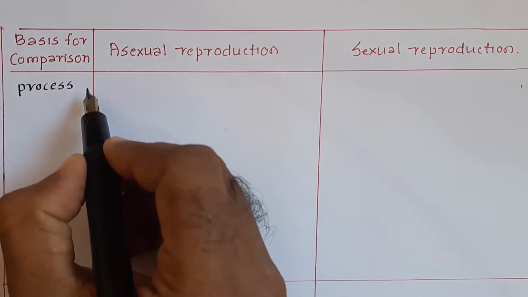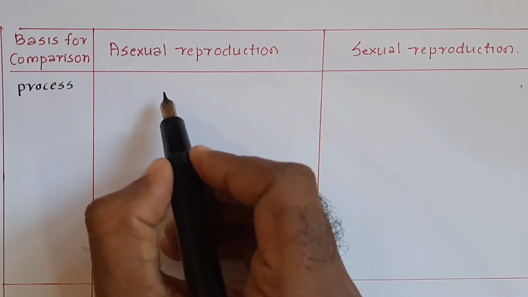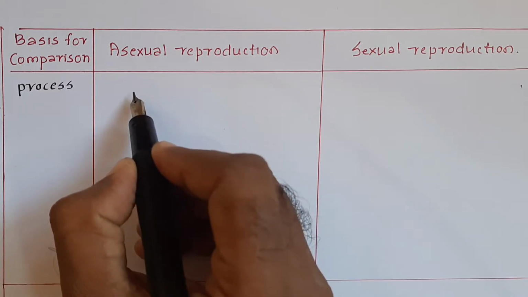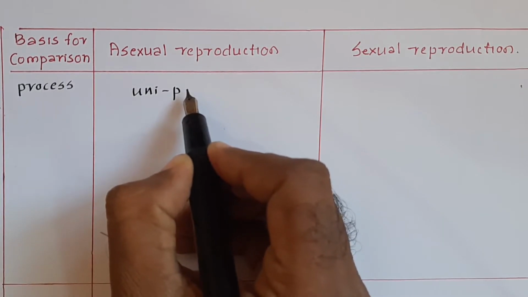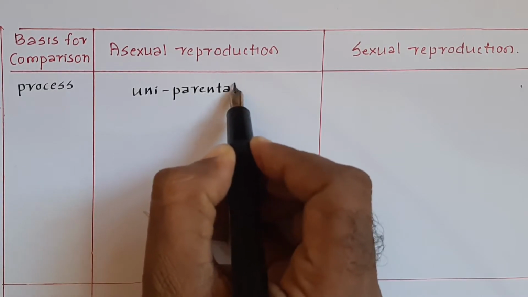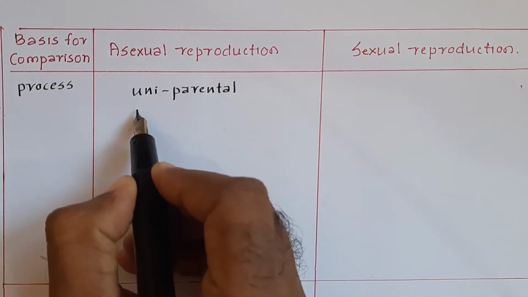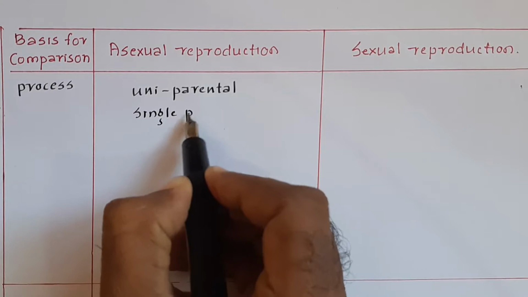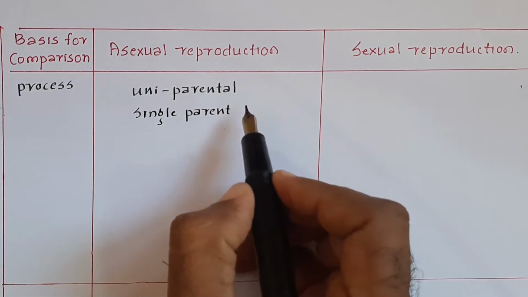On the basis of process, we can consider asexual reproduction is uniparental. It is uniparental process. Means single parent involved in this process.